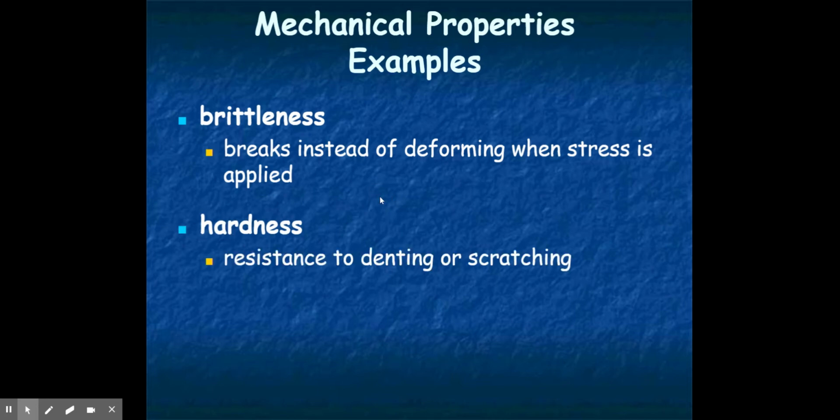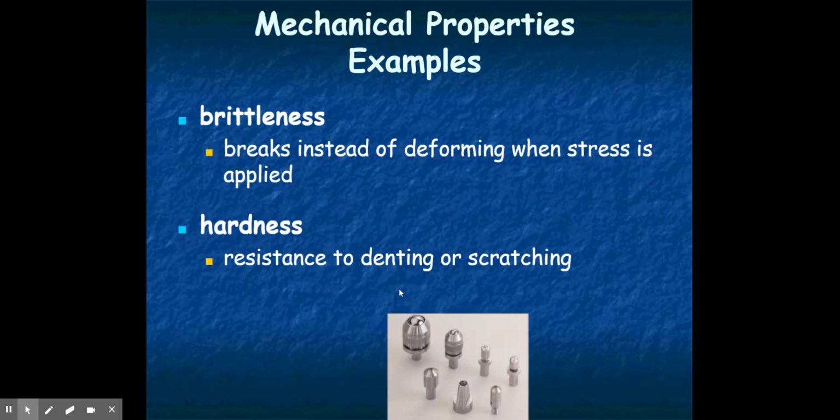All right. But hardness, on the other end, is a material's resistance to denting or scratching. So you can scrape it, and if it's harder than the material you're scraping with, then you're going to leave a scratch or a dent in it. If you're not, then it's not going to, if it's something softer. All right.